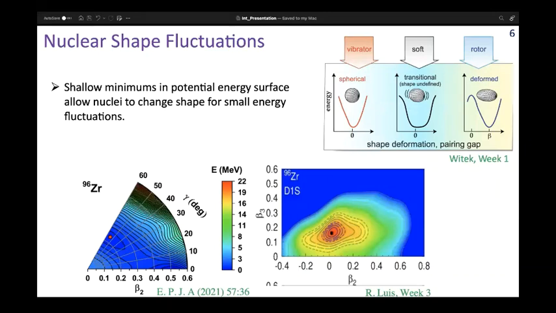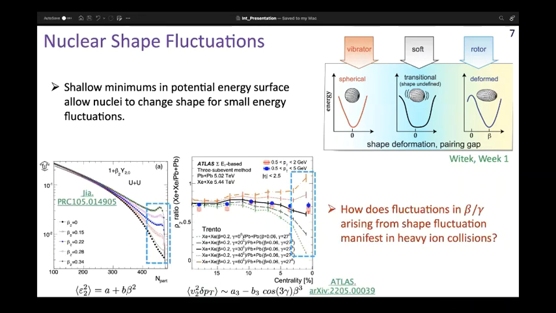And again, if you find a flat minima in this curve, it would mean that a small excitation simultaneously changes the values of beta3 and beta2, which would translate to the nucleus being able to change both its quadrupole and octupole deformations at the same time. So the possibilities are basically endless on how this can happen, and all of this depends on the profile of this potential energy surface.